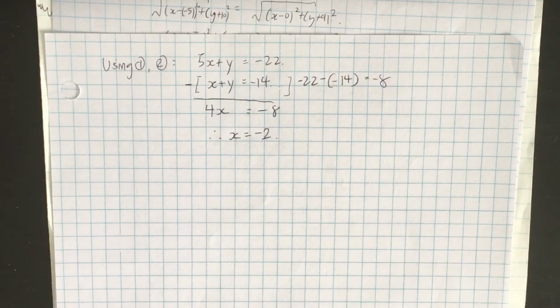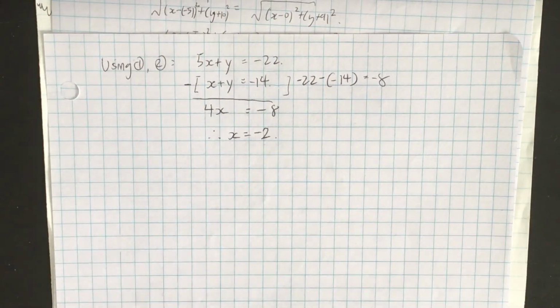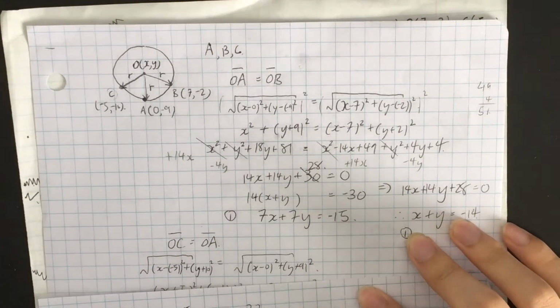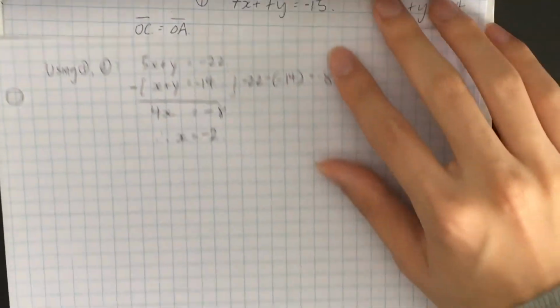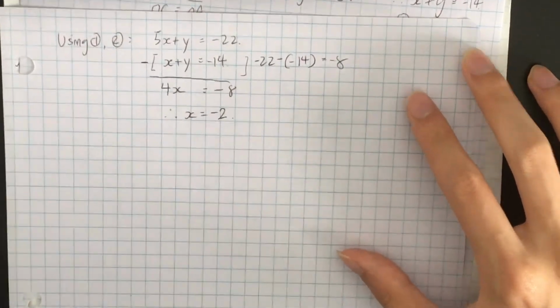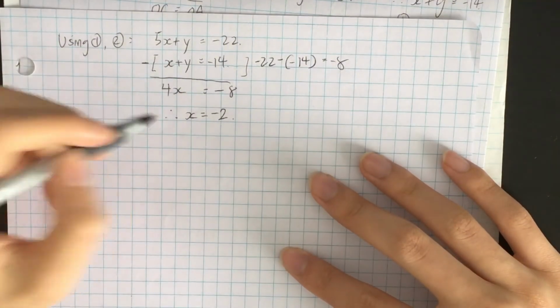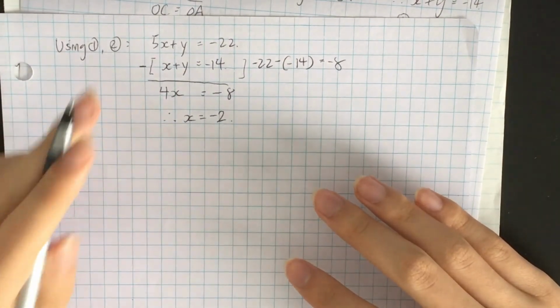But are we done yet? Not quite. We have determined the x coordinate for our circle, but not the y coordinate just yet. What we need to do is substitute x back into one of the equations to solve for y.